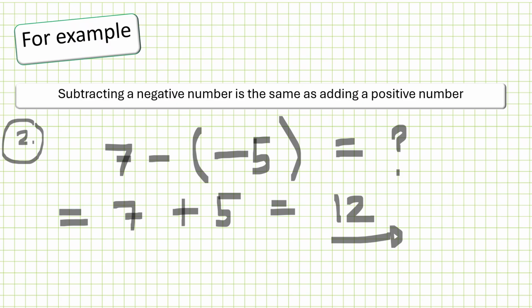Second example, remember a minus minus a minus becomes a plus. 7 minus, here is actually multiplied, minus 1 multiplied by minus 5. So minus minus becomes a plus. 7 plus 5 is equal to 12.